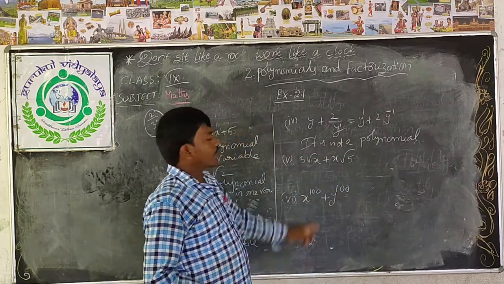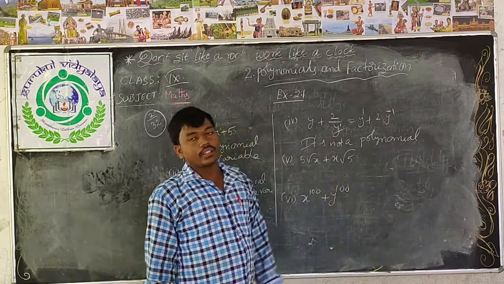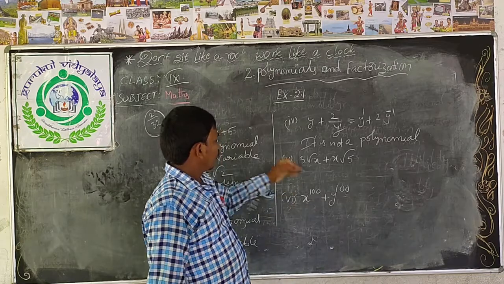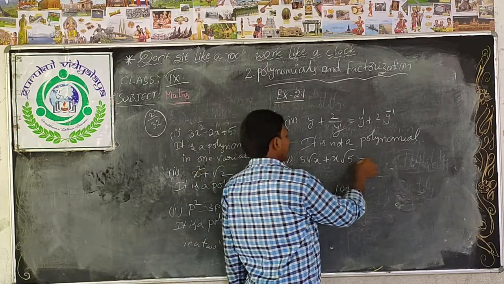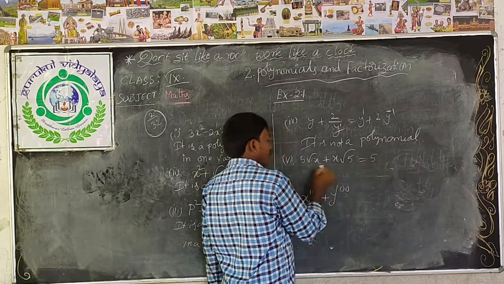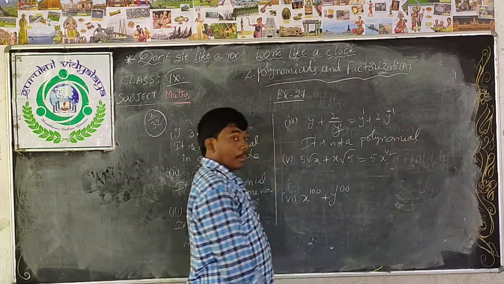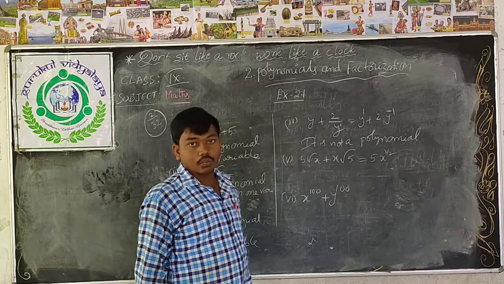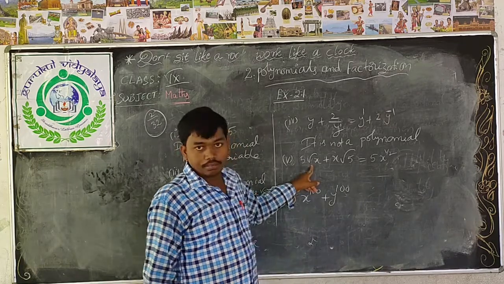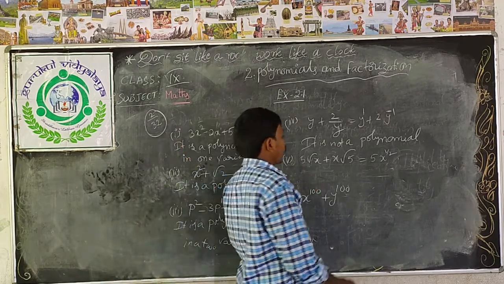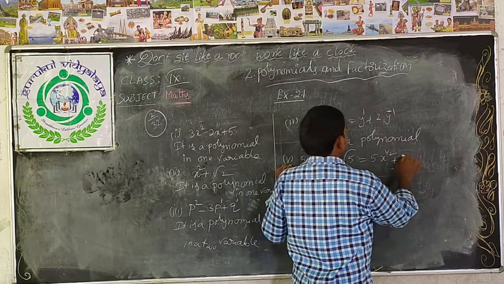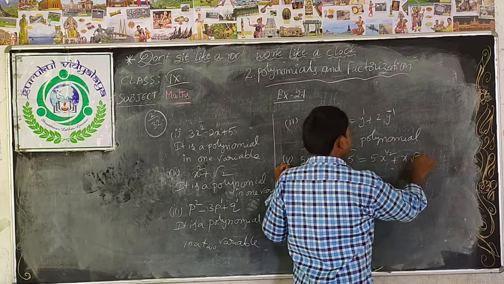Next, 5 into root x plus x into root 5. Children, see again, I will write this one, 5 into root x. I will write x power 1 by 2, representing it in exponential form. This is called radical form. Okay children, plus x root 5.